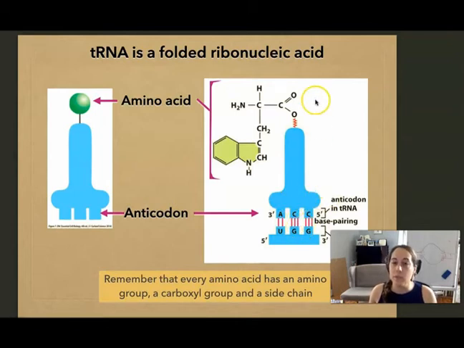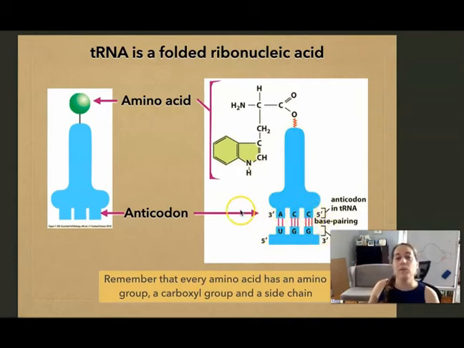It looks very similar, but it shows the actual chemical structure of an amino acid, which is bound to the top of the tRNA, and then it also shows our anticodon down here, and the anticodon is going to form hydrogen bonds through complementary base pairing with the mRNA.